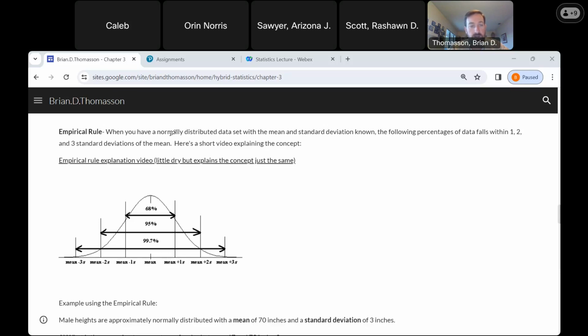All right, so let's figure out what we're talking about here. Say our mean is 10 and our standard deviation, maybe, is 2. So our standard deviation, that's supposed to be an S, is 2.